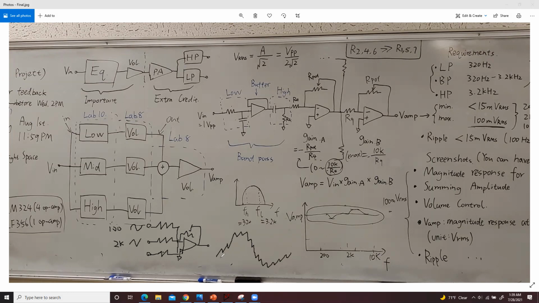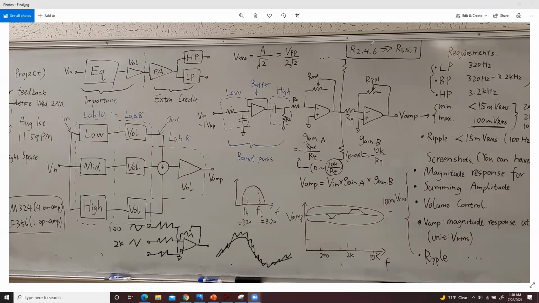You can see here is a combination of sine wave and triangle wave. The small frequency is still the sine wave, and the larger frequency is the triangle wave. Then when you tune the potentiometer here, you will see the amplitude increase or decrease. So that's how you can test the summing amplifier.